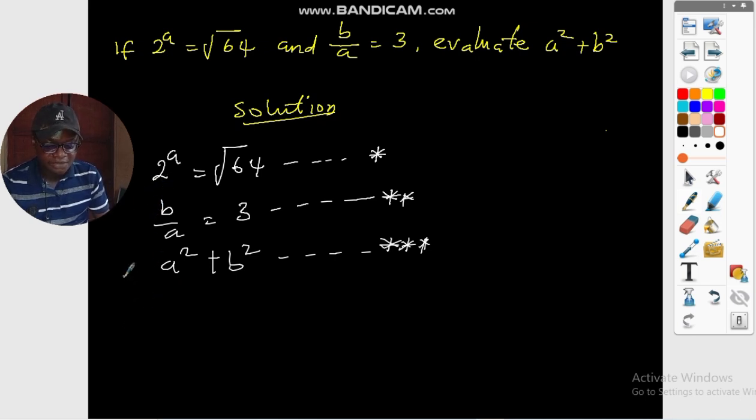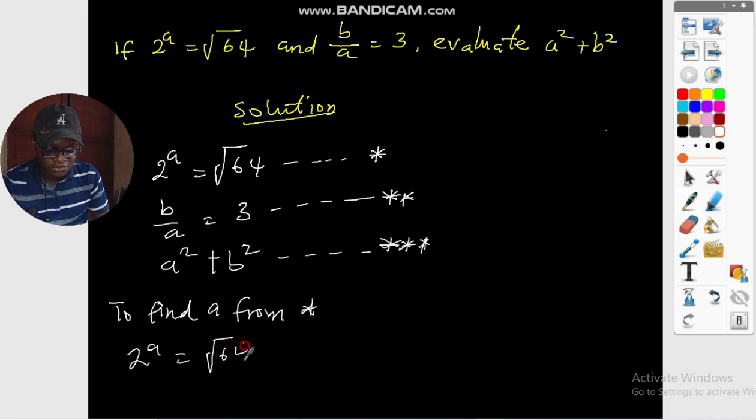So we can start by finding a. Like I said, there are different approaches to this, but I would love to start by finding a. To find a from the first equation, we should have that 2 raised to the power a is equal to the square root of 64.